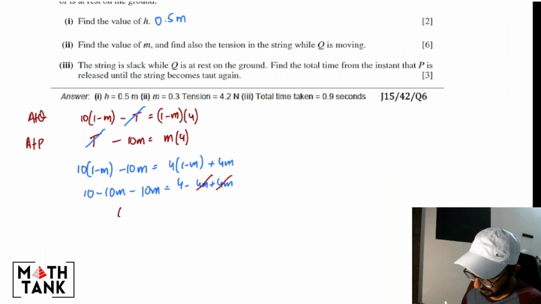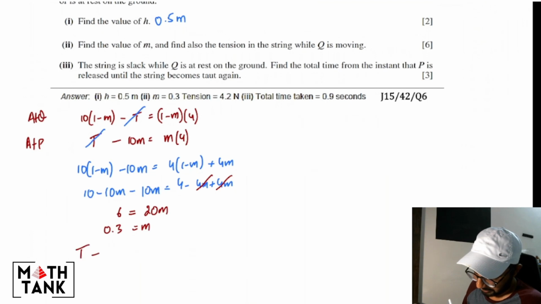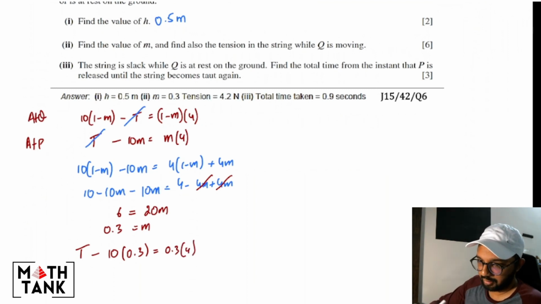If I shuffle these around, I get 6 equals 20m, m equals 0.3. Then I need to also find the tension. I'm going to use the second equation, which is relatively easier to plug in. I get 4.2 newtons.